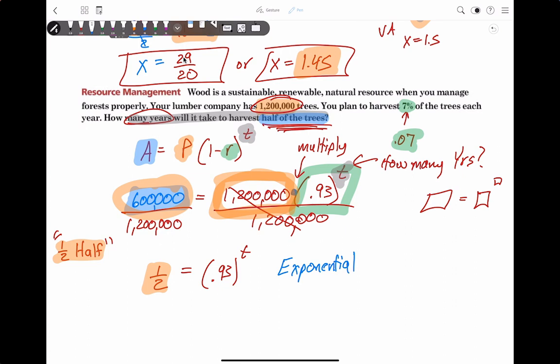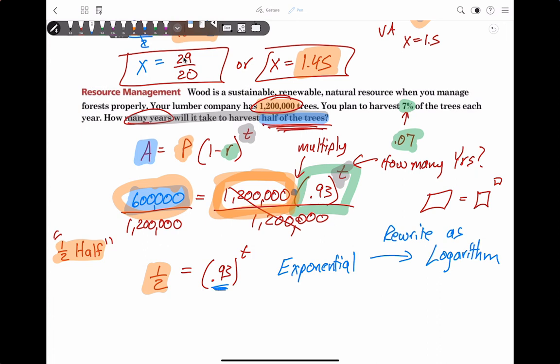And the best way, in my opinion, to solve an exponential is to rewrite it as a log. So rewrite it as a logarithm. And vice versa, if you had a log, you've noticed by now that the best way to solve a log is to rewrite it as an exponential. Okay, so let's rewrite this as a logarithm.